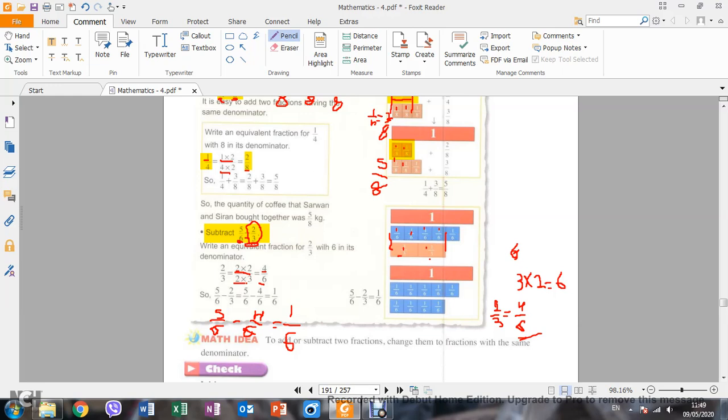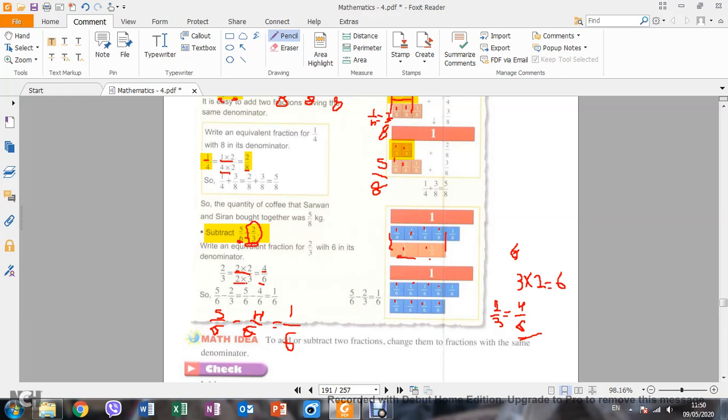You can use this model. At that time, instead of 2/3, we write 4/6. Look here, we wrote it. Instead of 2/3, we use 1, 2, 3, 4/6. Now we count this one: 4, 5, 6, 7, 8, 9. After we count it, we remove it.